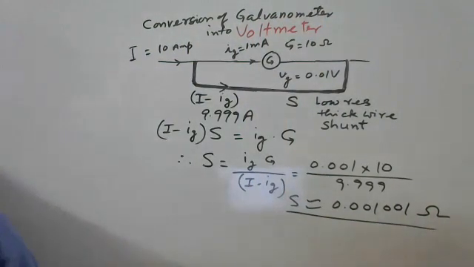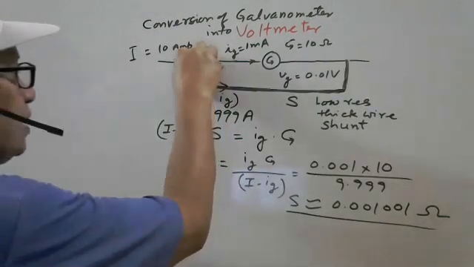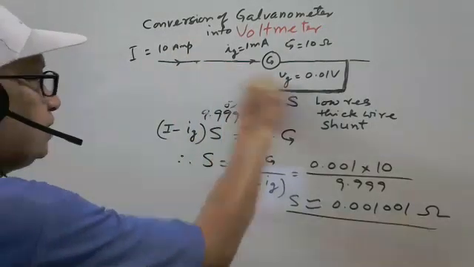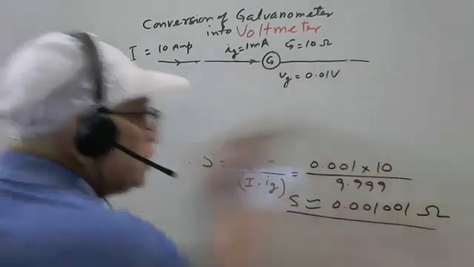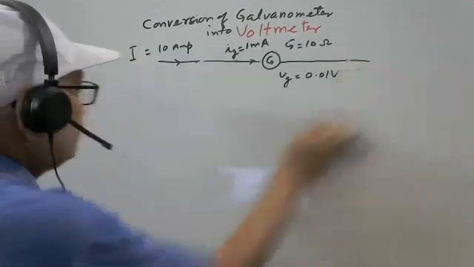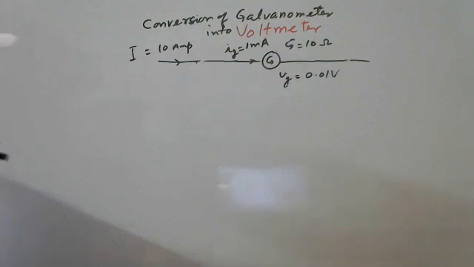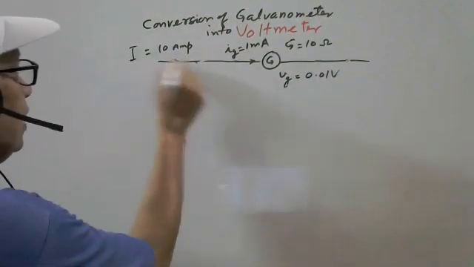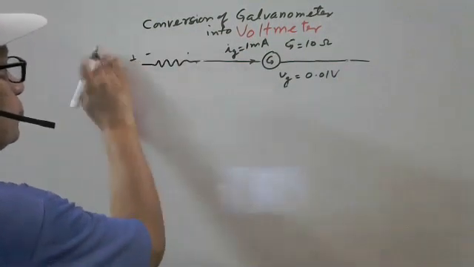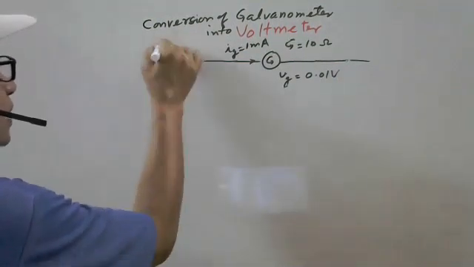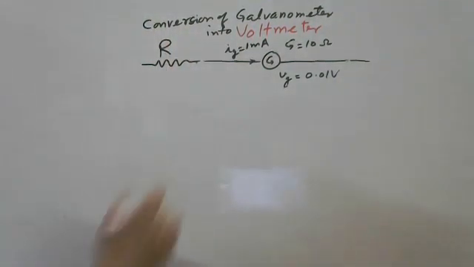Just to convert into a voltmeter, we have to connect a resistance in series, and this is a high resistance in series. So it will convert into a voltmeter. Say this is the high resistance in series.